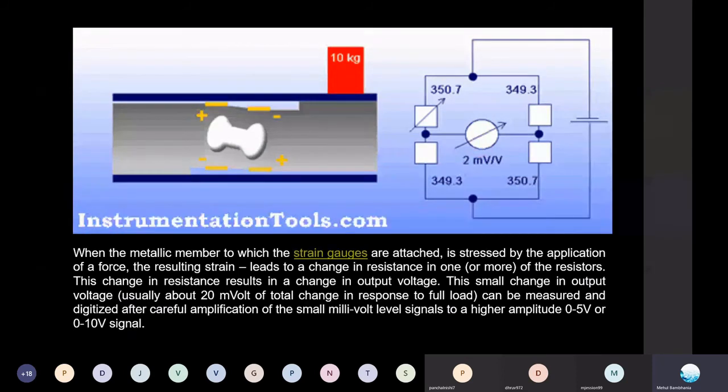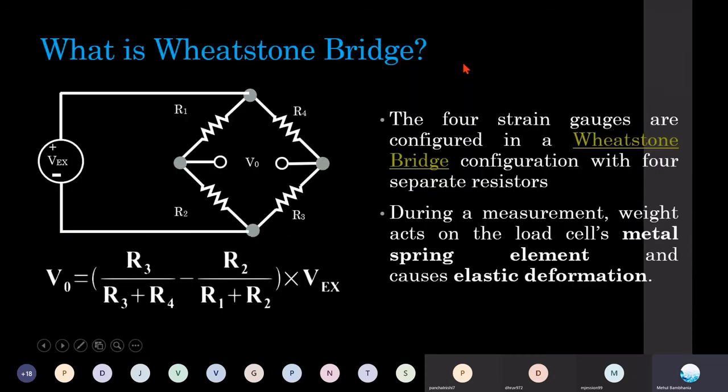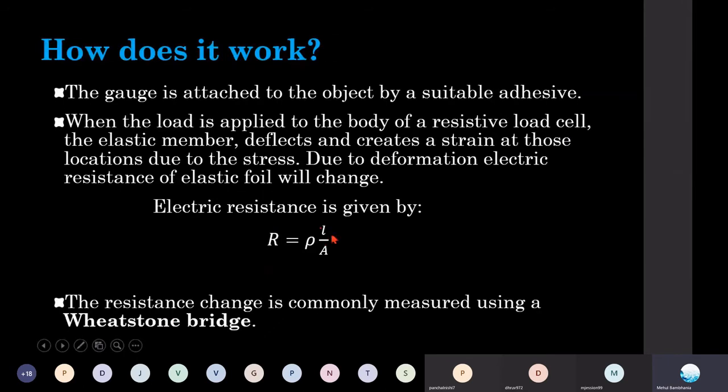Now see, there is a reverse correlation we have to think about. Before looking into the various types of load cell, let's see. This voltage is reflected due to change in resistance. Now why will this resistance change? This change in resistance is directly proportional to the change in individual length.